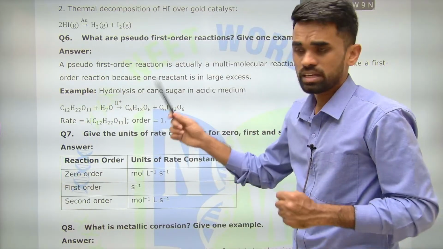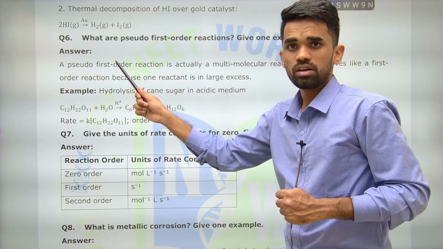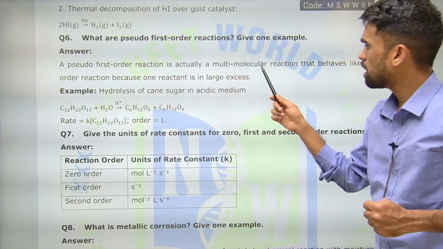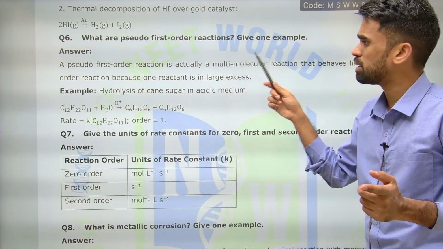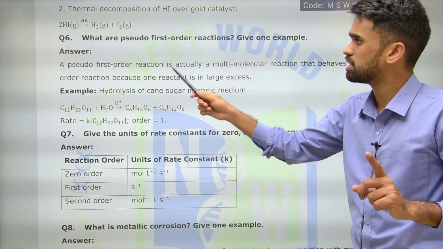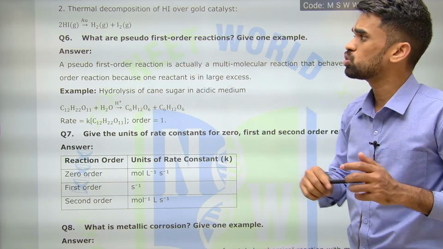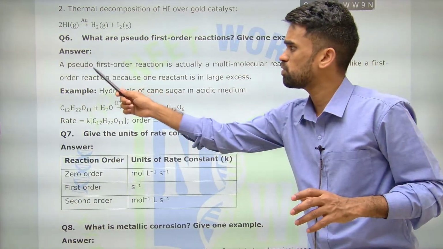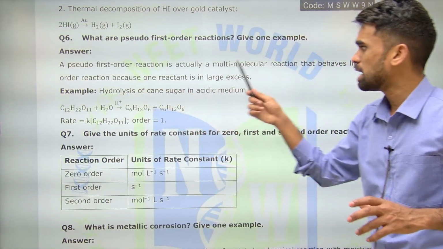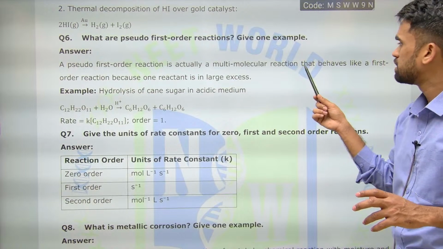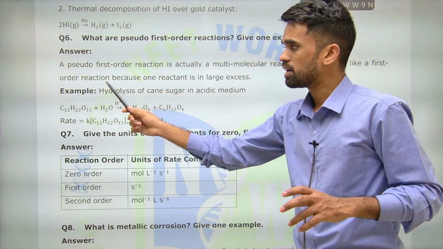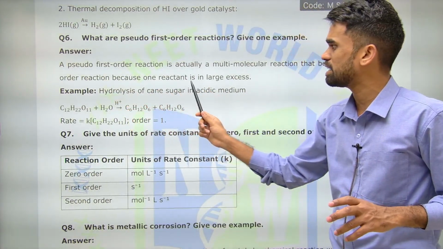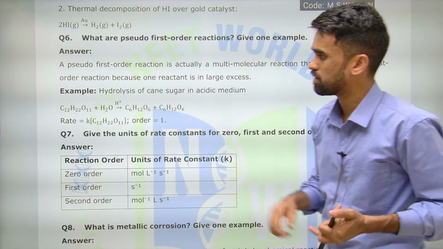So those reactions in which the molecularity is multimolecular but the order of the reaction is first order can be considered pseudo first order reactions. A pseudo first order reaction is actually a multimolecular reaction that behaves like a first order reaction because one reactant is taken in large excess.